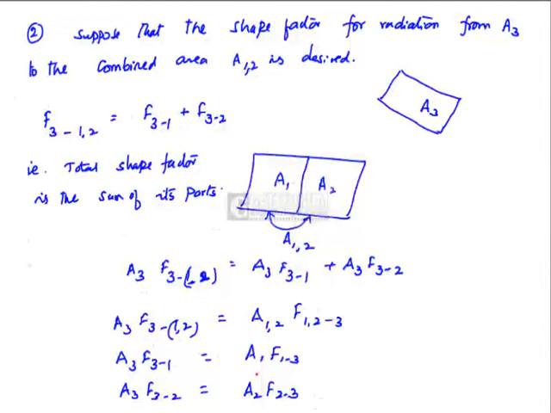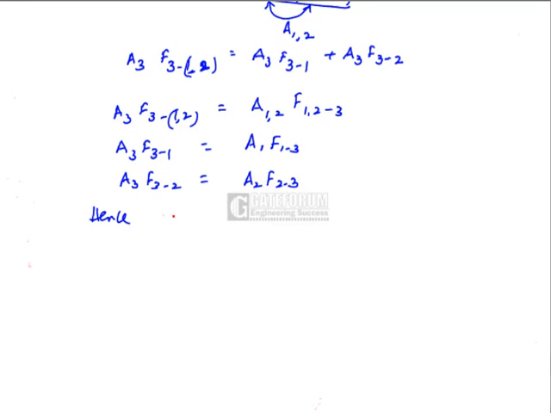Therefore, the expression could be rewritten as A12 F(12)3 is equal to A1 F13 plus A2 F23, which states that the total radiation arriving at surface 3 is the sum of the radiations from surfaces 1 and 2.